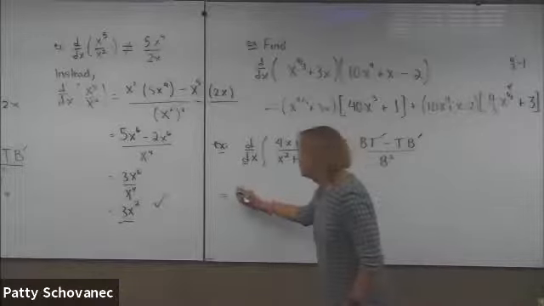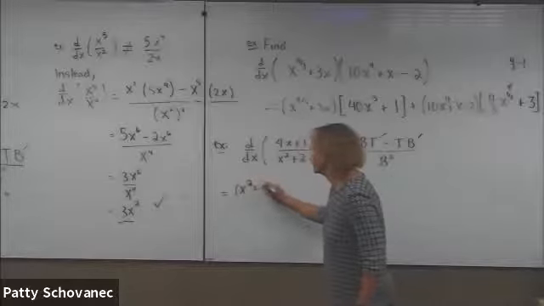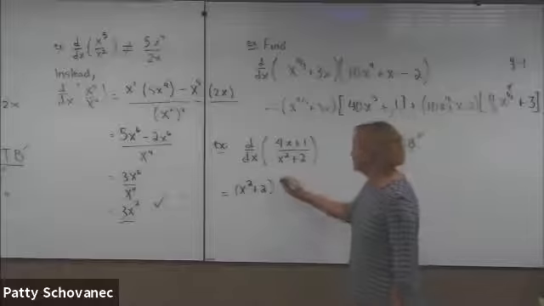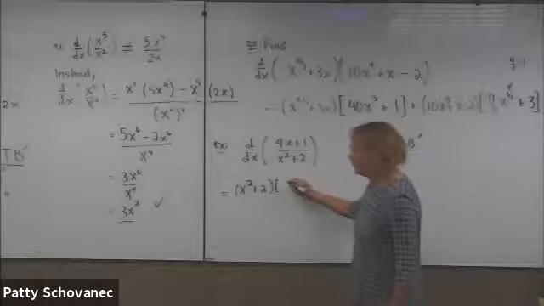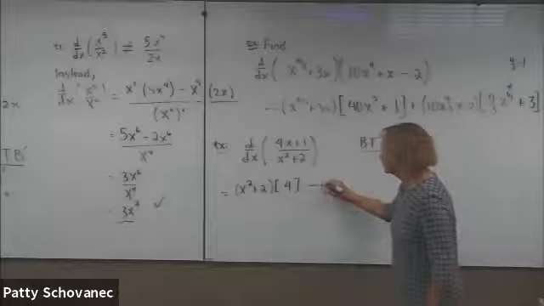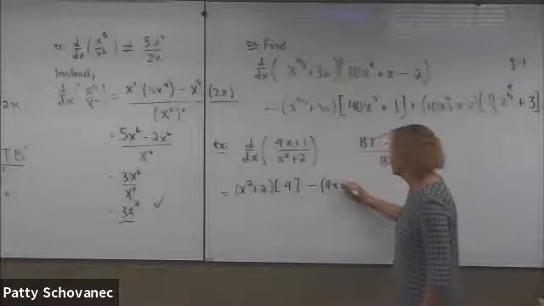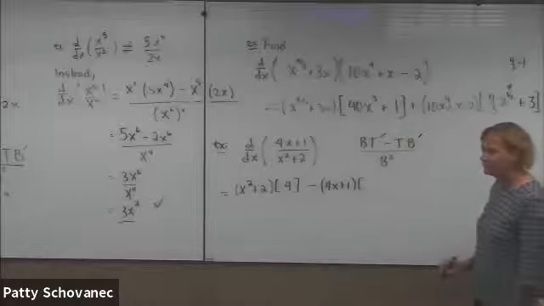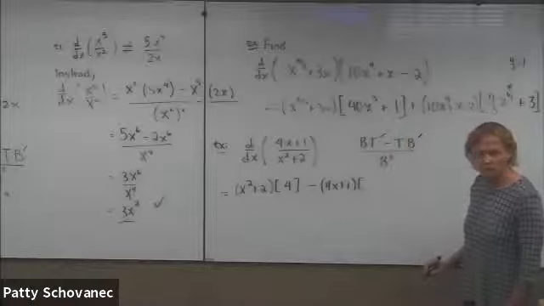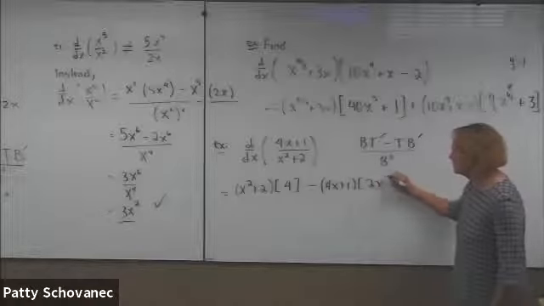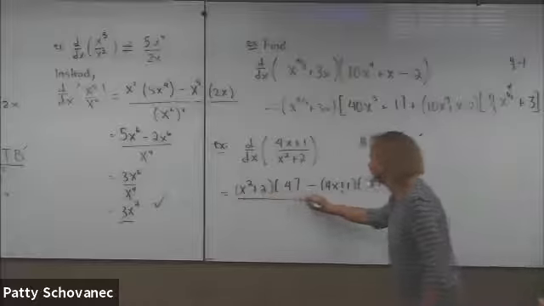Here's the bottom, x squared plus 2. Now the derivative of the top, 4, that's it, minus the top times the derivative of the bottom, 2x, over the bottom squared.